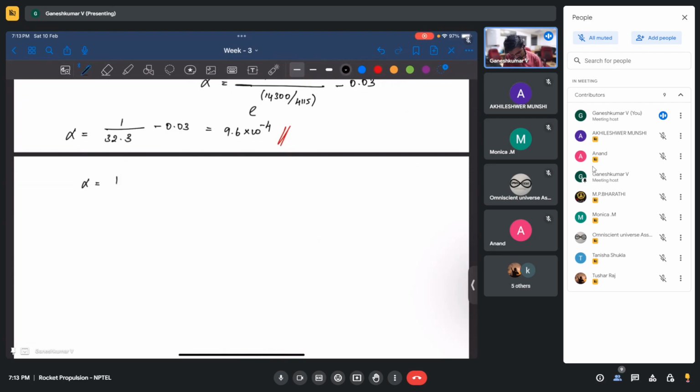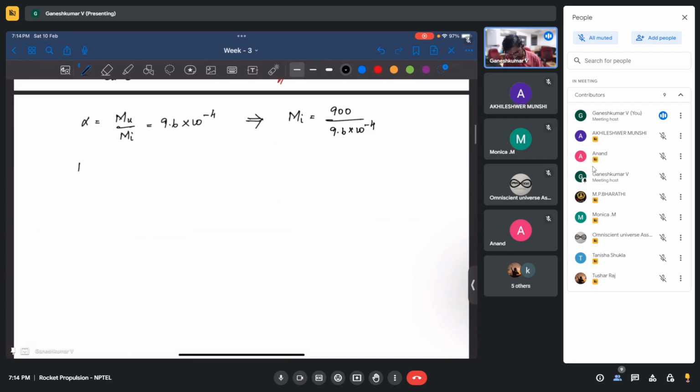Then you can write alpha to be Mu by Mi, and this is going to be 9.6 into 10 power minus 4. Then we can find Mi to be 900 kgs, which is Mu, divided by 9.6 into 10 power minus 4. How much is this coming? This is the total mass of the rocket during liftoff.